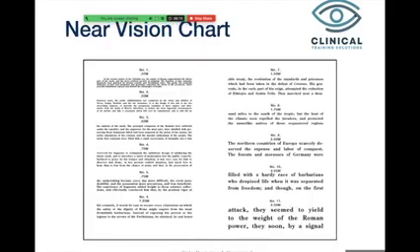Okay, and this is the near vision chart, which we don't really need to get involved with too much, because we know that we're going to remove that lens, and the lens that's going in is going to correct the patient. But sometimes it's good to look at these charts and see which notation you're using. So this is N1 all the way through.